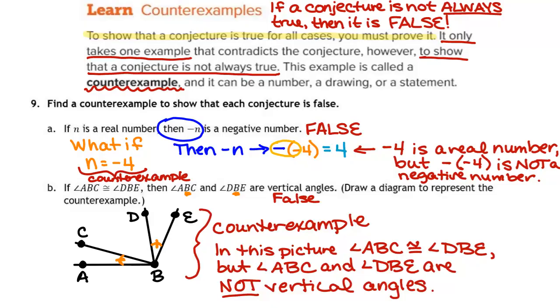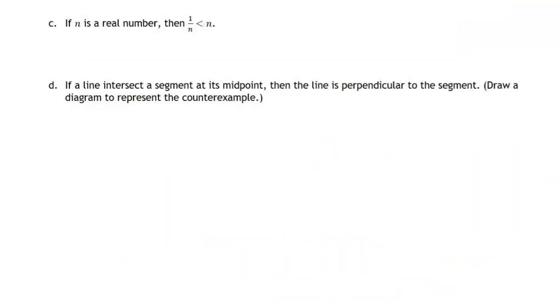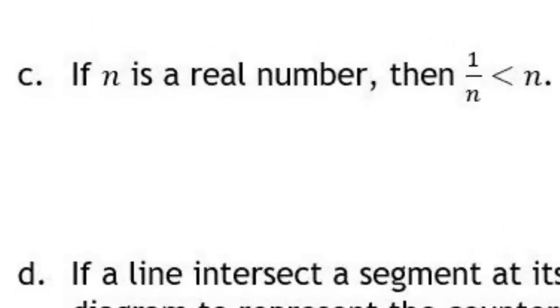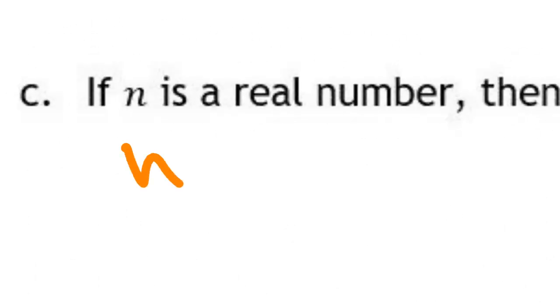Let's look at C. C says if n is a real number, then 1 over n is less than n. Well, what if n equals 1?